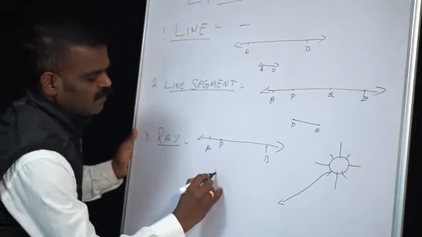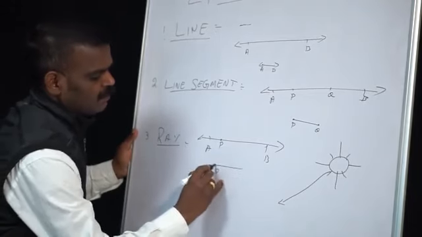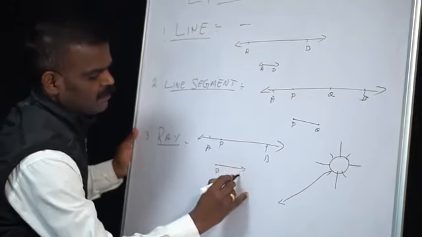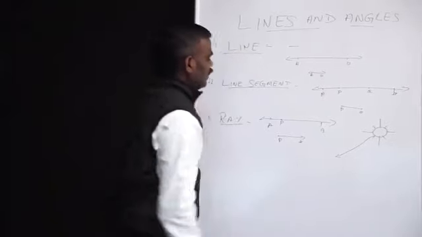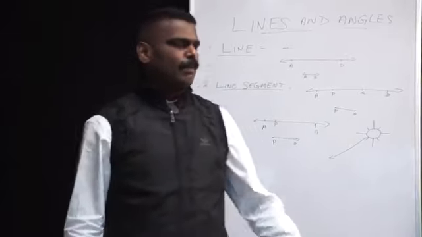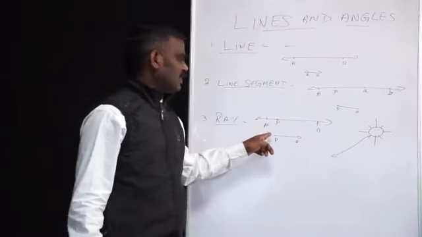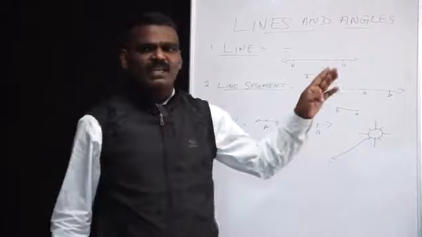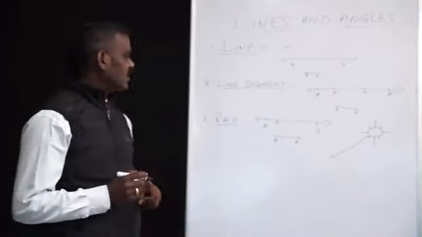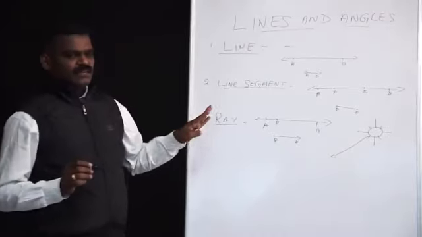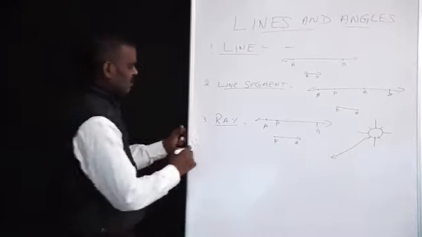So, we can take ray PB. The ray PB has its starting point at P. Where it is going to end, do not know. Clear? Okay, write this part.